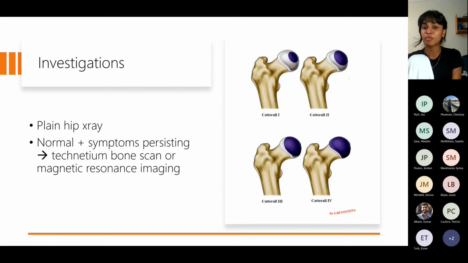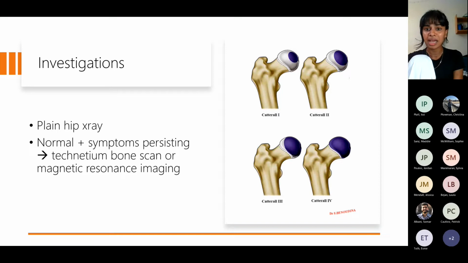There's a specific type of scan though that you can also do. Yeah, a bone scan, exactly. They get injected with a radiolabelled dye, technetium, and it captures activity in the bone. So you do a hip x-ray first, and if you can't see any destruction, you either do MRI or you do a bone scan.